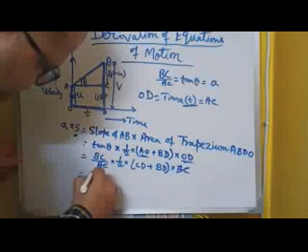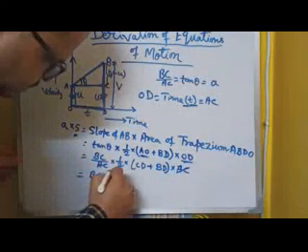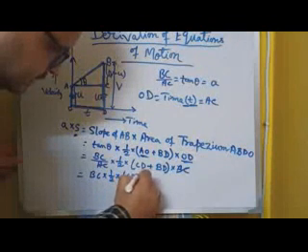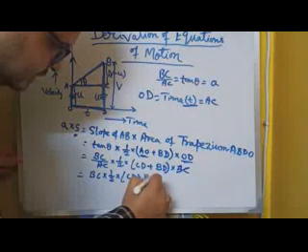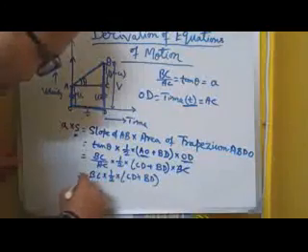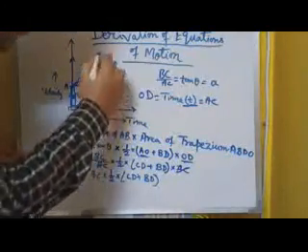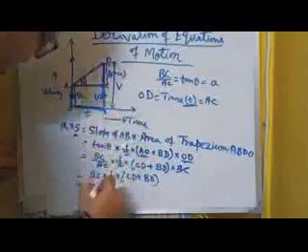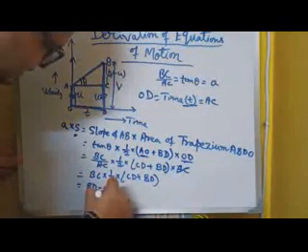So you get BC into half into CD plus BD. Now what is the value of BC? BC is equal to BD minus CD.